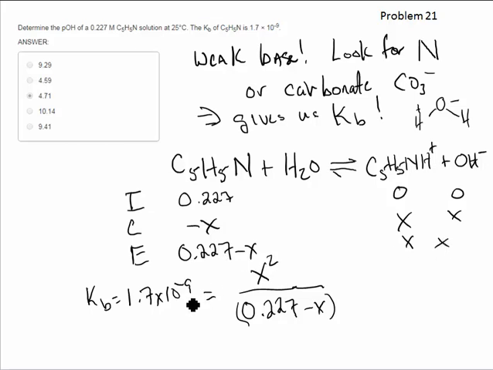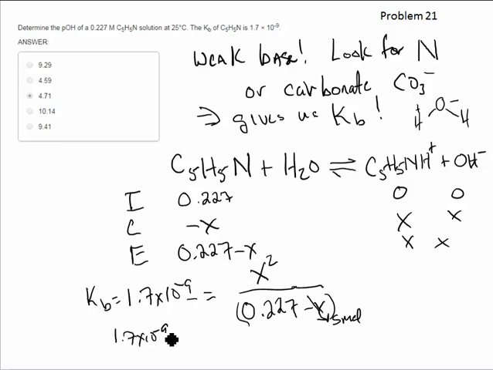Now this is a very small K, so we now go to our small x approximation, and so the problem we solve is 1.7 times 10 to the minus ninth is equal to x squared over 0.227, and then we just do the algebra and solve for x.